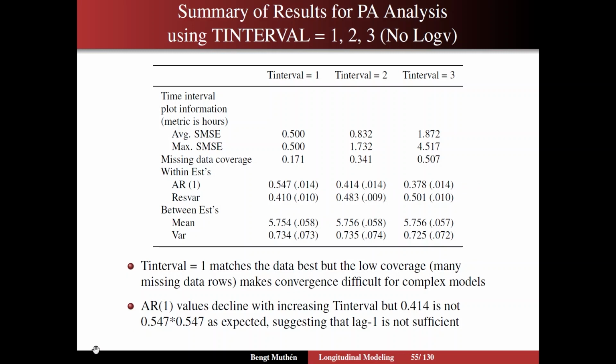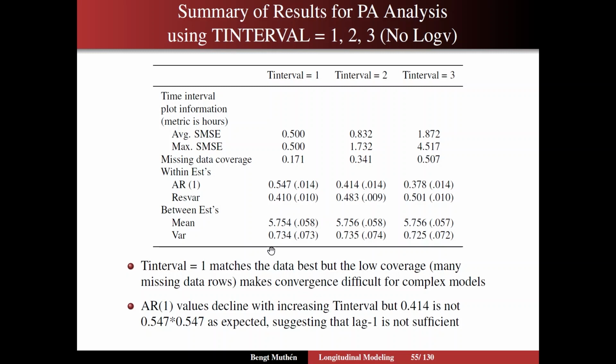However, we note that they don't go down according to the theory of lag 1, because 0.414 is not the square of 0.547 as expected. So that just suggests that maybe lag 2 is needed in the model.